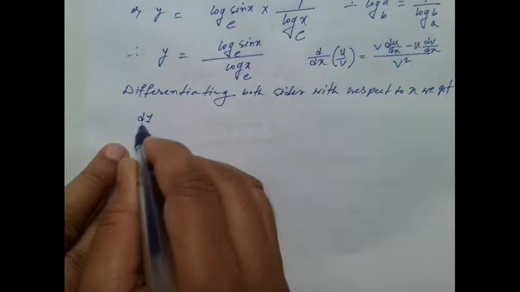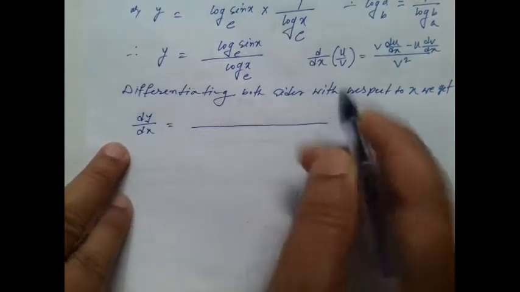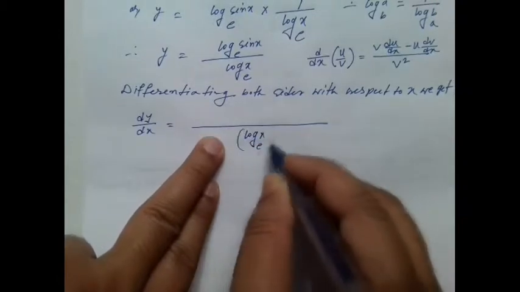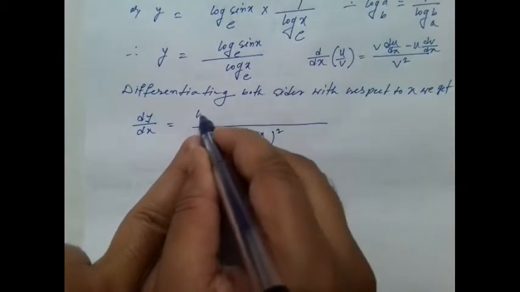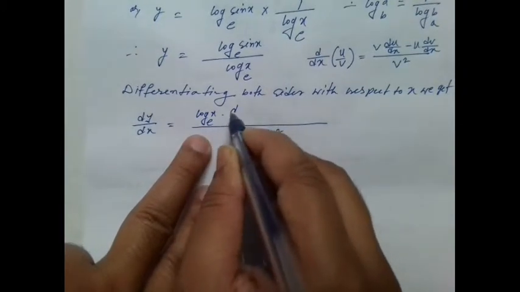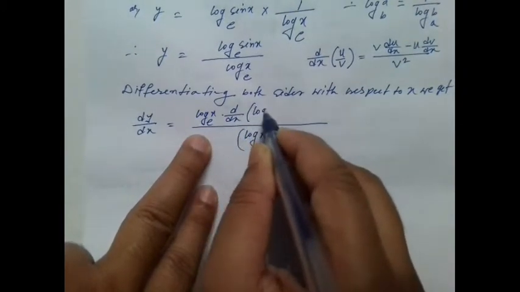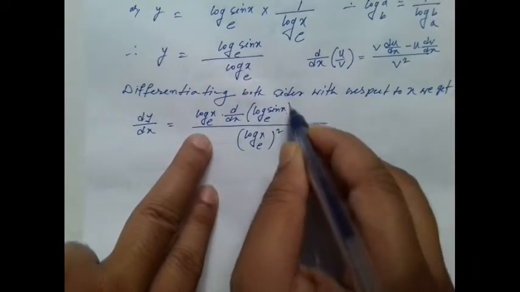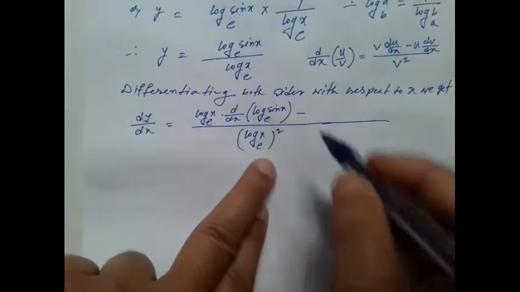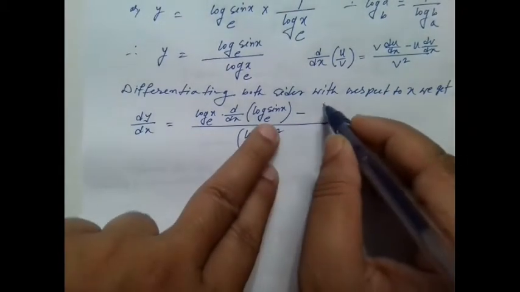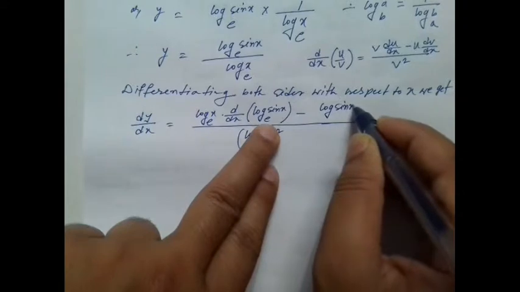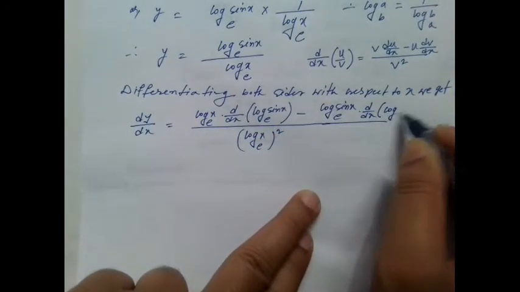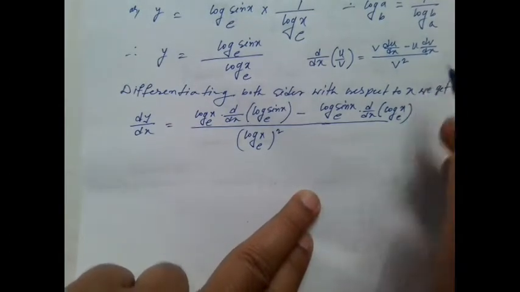So on the left side we are getting dy/dx equals, here v square at first, so log x to the base e whole square, then we have to write v here, means log x to the base e, then d/dx of u, du/dx means d/dx of log of sin x to the base e, minus, now u we have to write, means log of sin x to the base e into d/dx of log x to the base e, that is dv/dx.